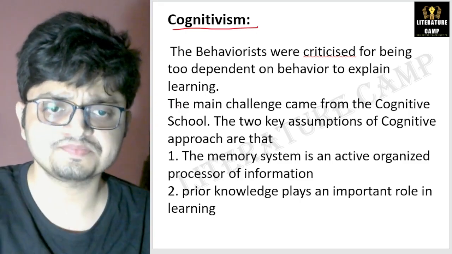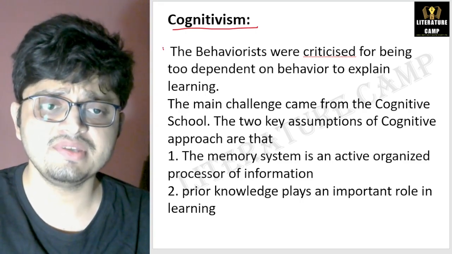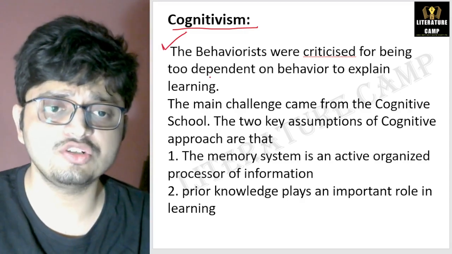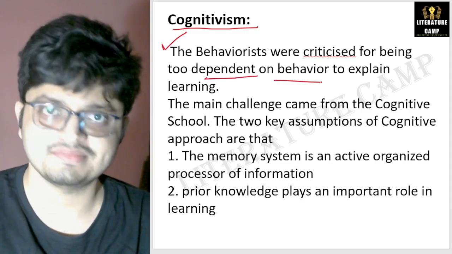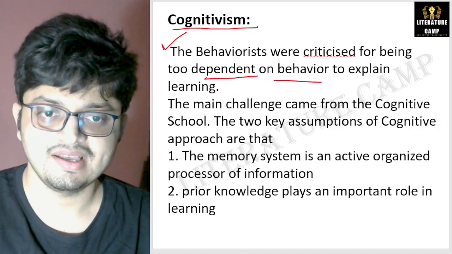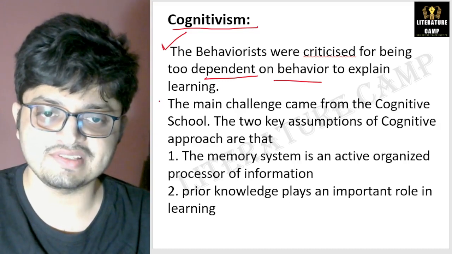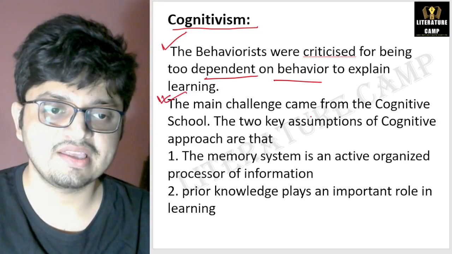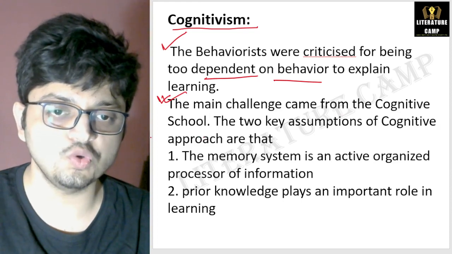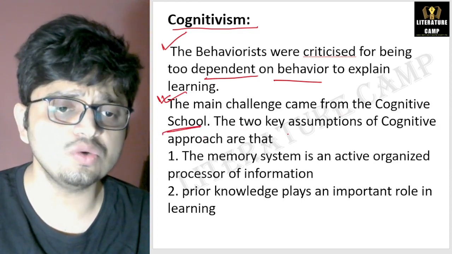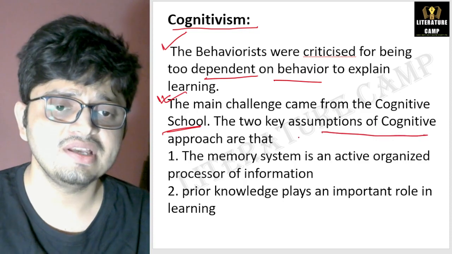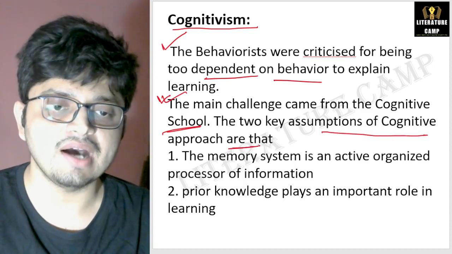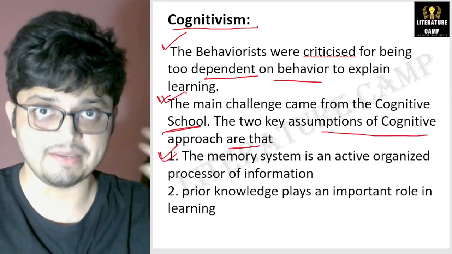What is cognitivism? The behaviorists were criticized for being too dependent on behavior to explain learning. The main challenge came from the cognitive school. The two key assumptions of the cognitive approach are: number one is the memory system.